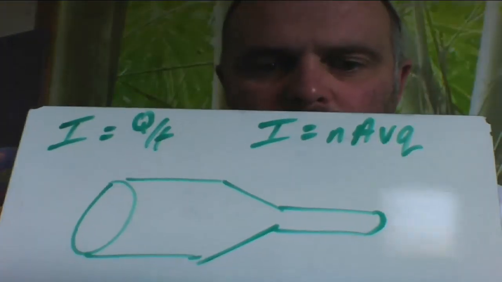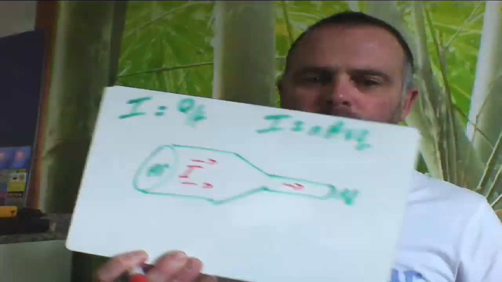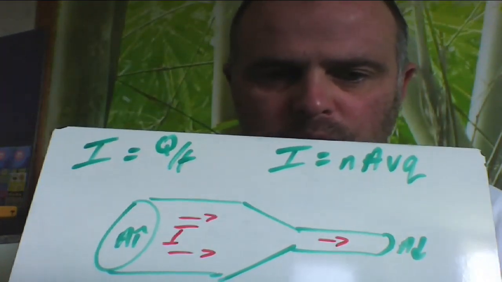Now, imagine we have a thick piece of wire that is going into a thinner piece of wire. So we have a large surface area and a small surface area, and our current is flowing along this wire.